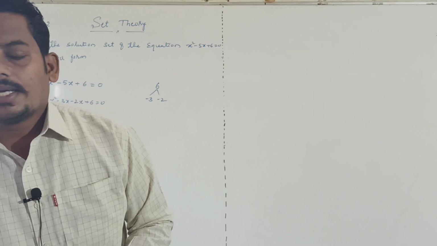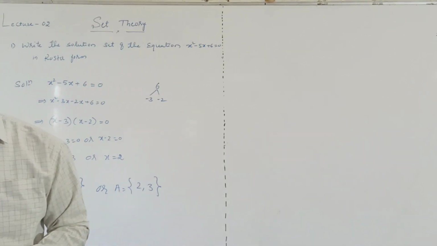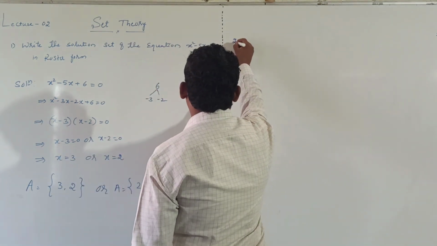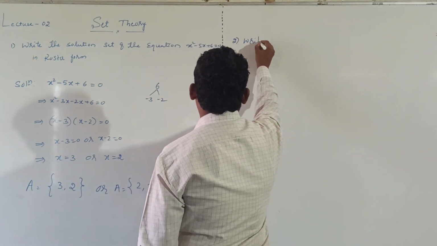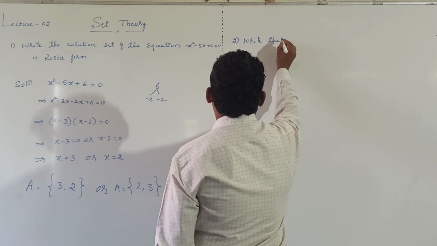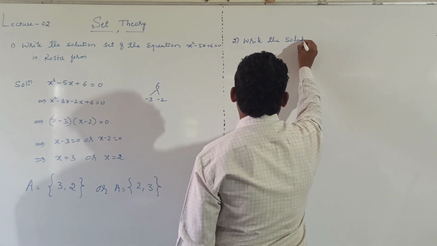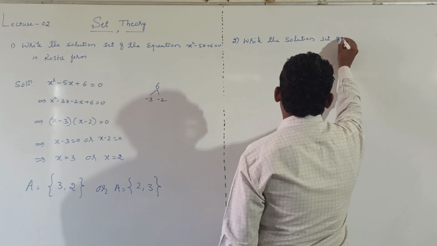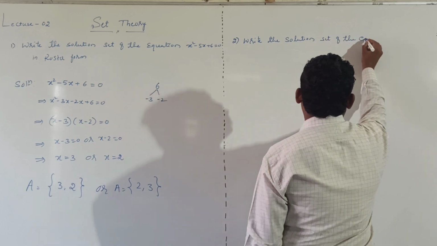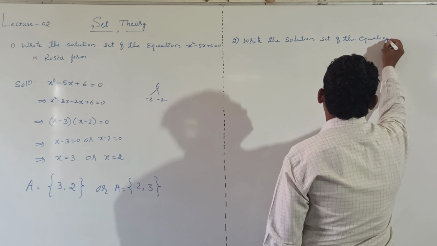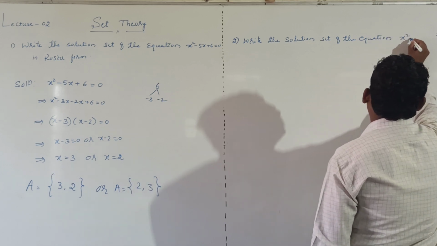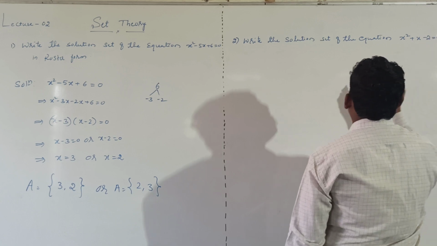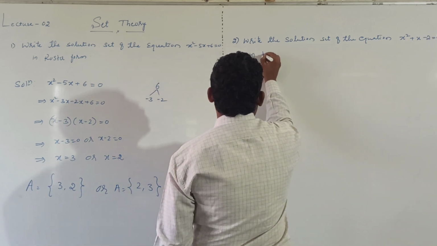Next question, write the solution set of the equation x square plus x minus 2 equal to 0 in roster form.